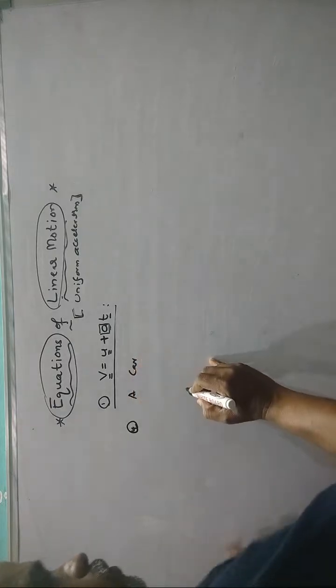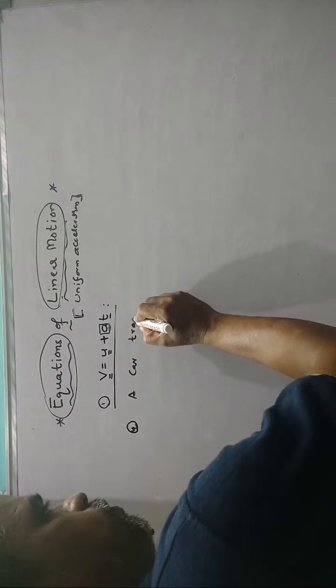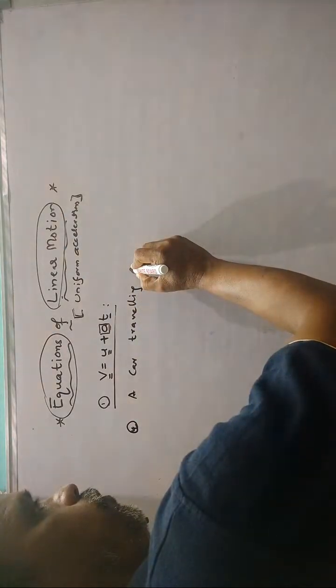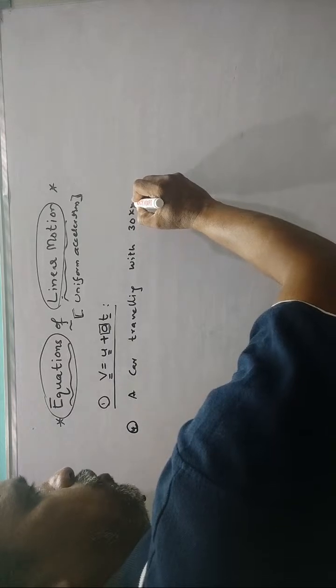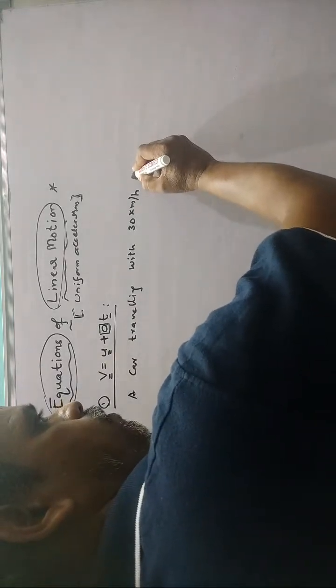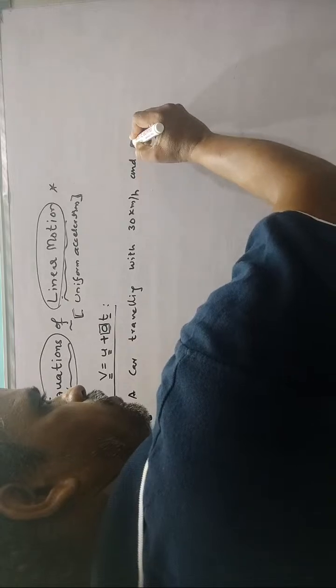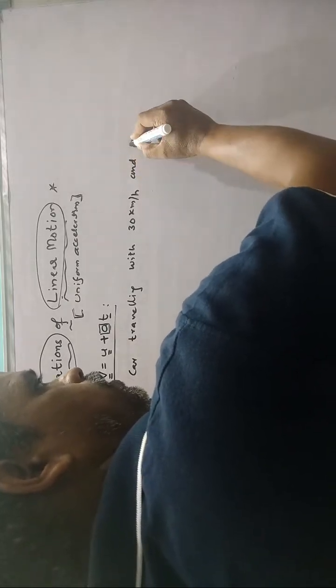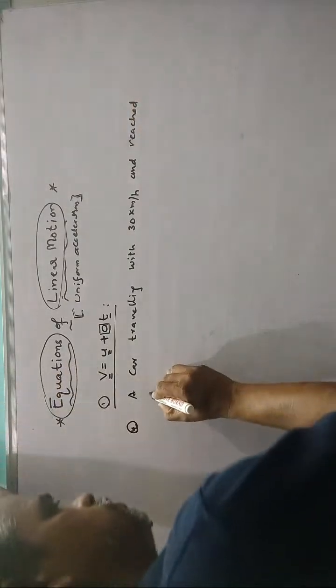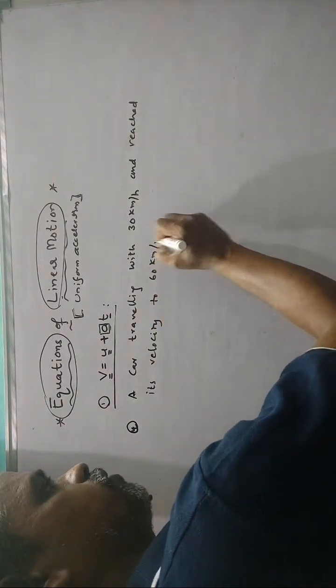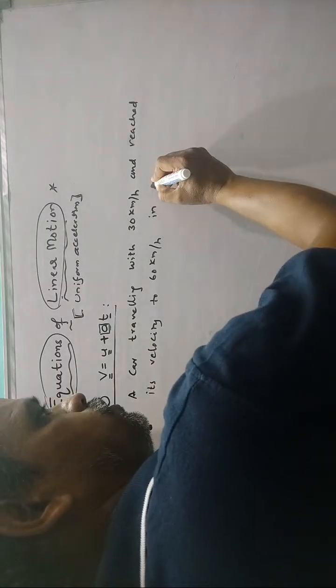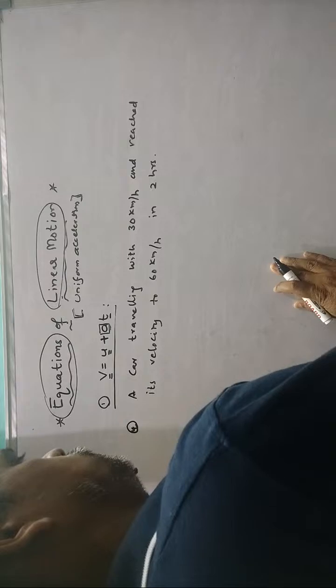A car traveling with 30 kilometers per hour, and reached its velocity to 60 kilometers per hour in 2 hours. So I don't want to give these things, already same question I'm asking.